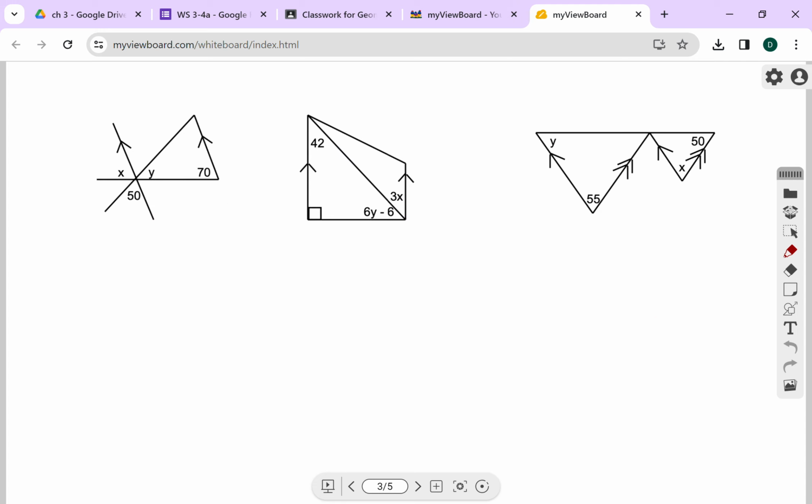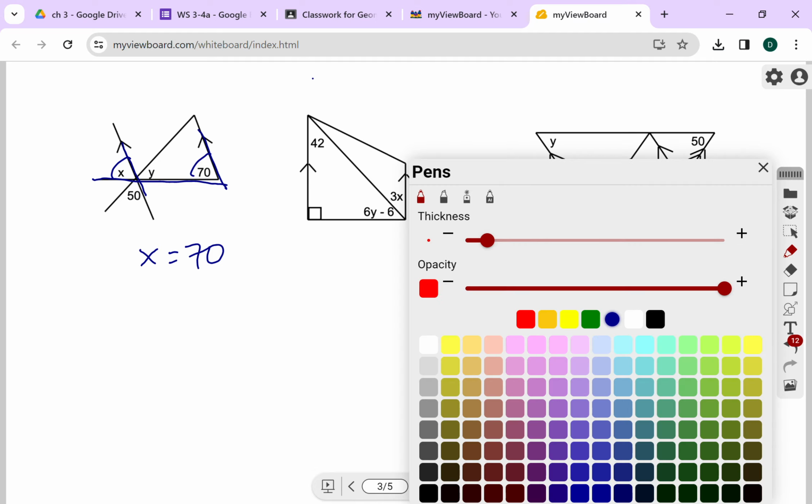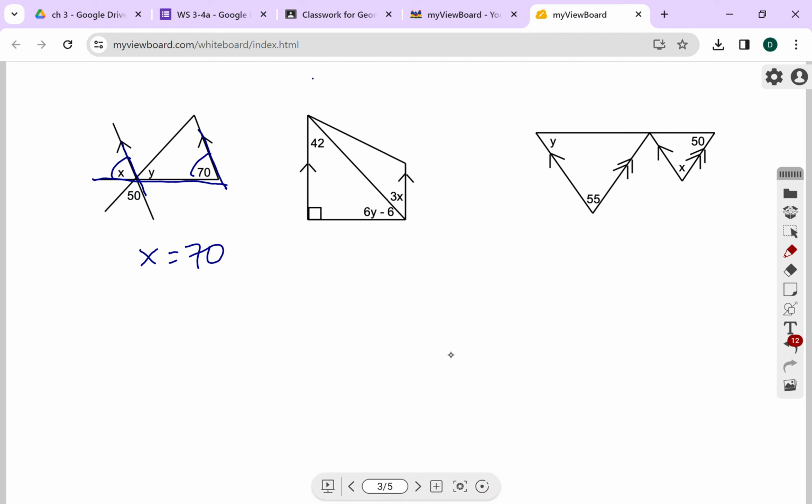Next set of diagrams, you got to do a lot of the same things. So first thing I might look at on this diagram is I have two parallel lines, I have a transversal, x and 70 are corresponding. So x is automatically 70. Otherwise, y can be found by recognizing that this side of my angle is 50 just like the other side because of vertical angles.